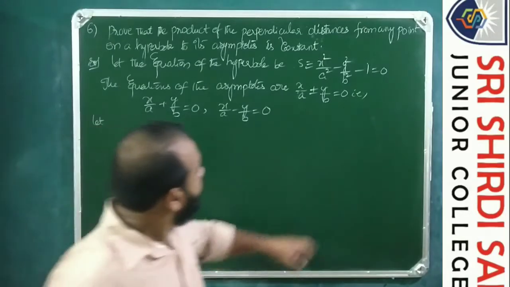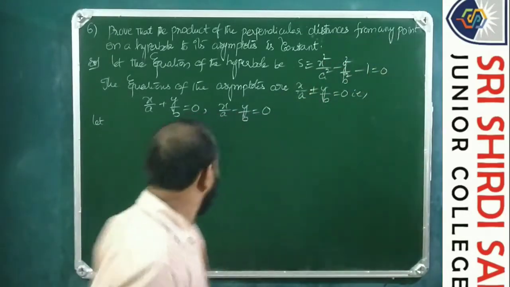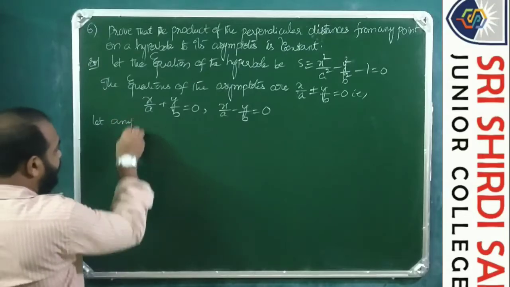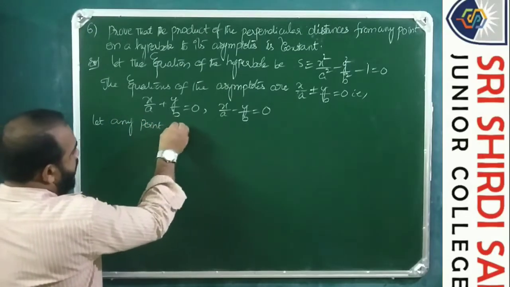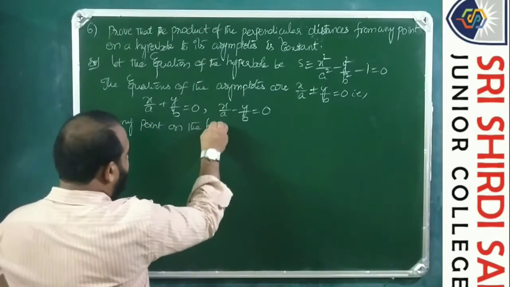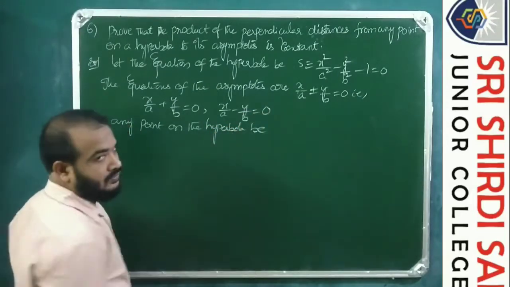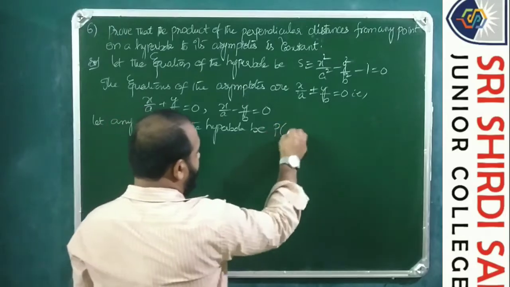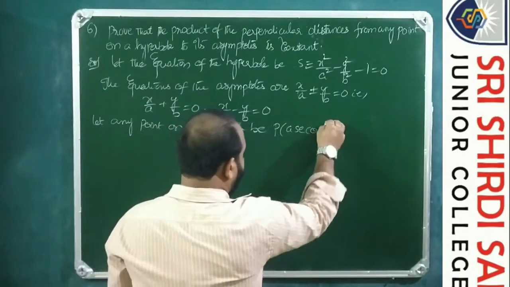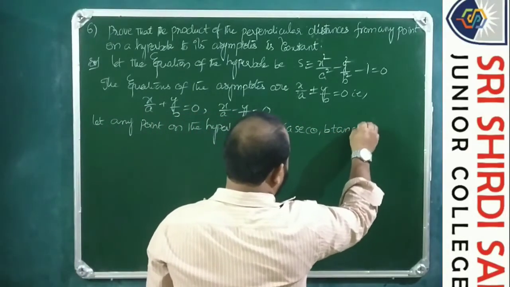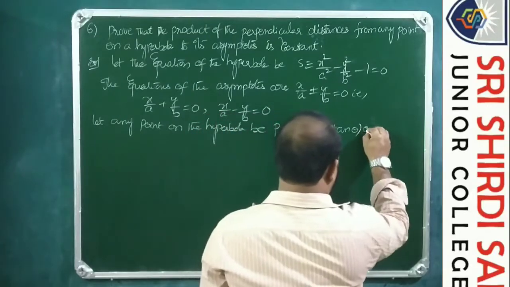Let any point on the hyperbola be P, a secant theta, b tan theta.